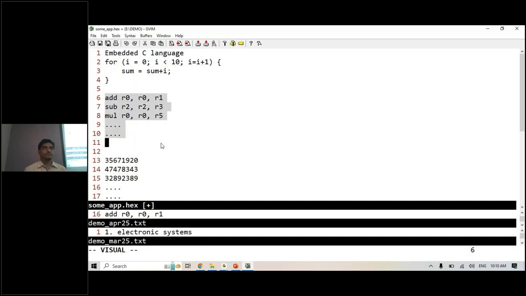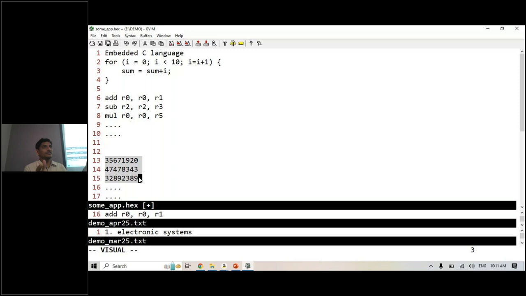Assume. Finally, during the linking, there will be something called a linker. What that will do is further convert this into this format. So whatever applications we are talking about, let's say WhatsApp or any application, it will all be present in this kind of format, in hexadecimal codes.